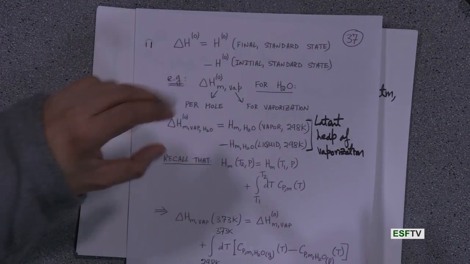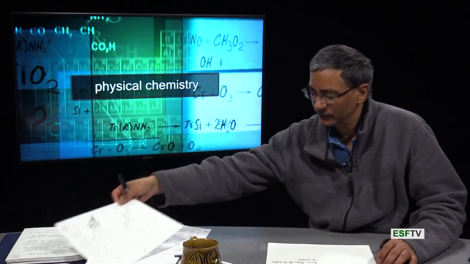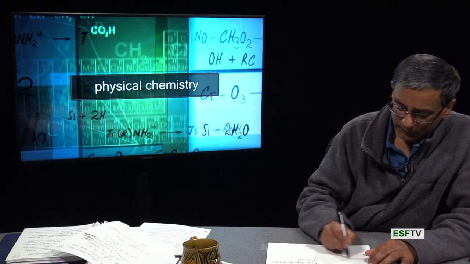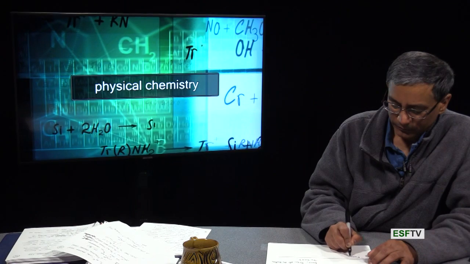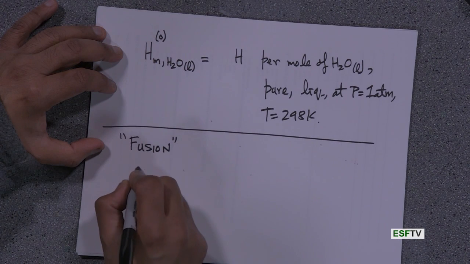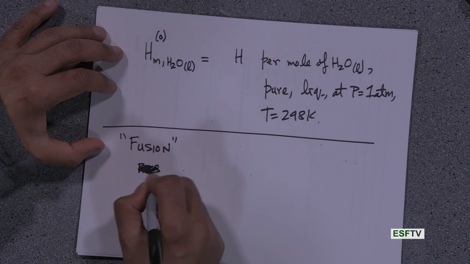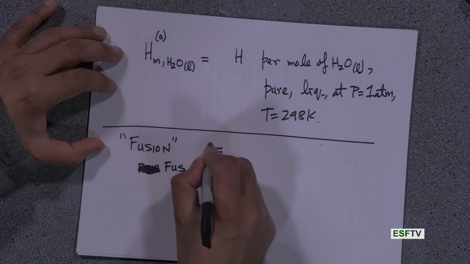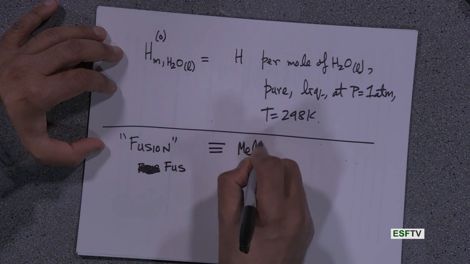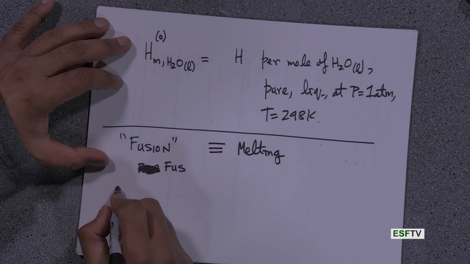Similarly, we could write the same for latent heat of fusion. And here I should introduce this term, fusion, subscript FUS. This is synonymous to melting. This is just another way of saying a solid melting.